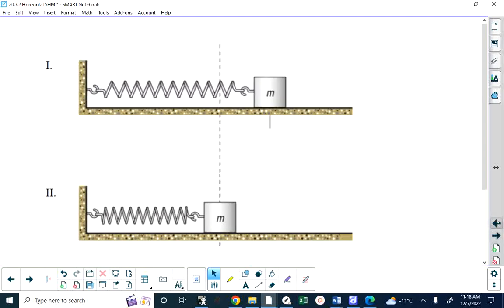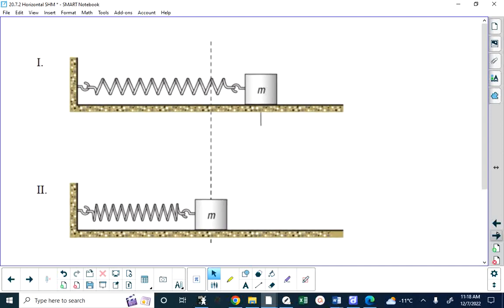So let's talk about the speed first. I think the speed is pretty easy. The velocity here in the first diagram is 0. Since we're primarily going to be interested in energy transformations, let's not worry about vectors. Energy is a scalar.